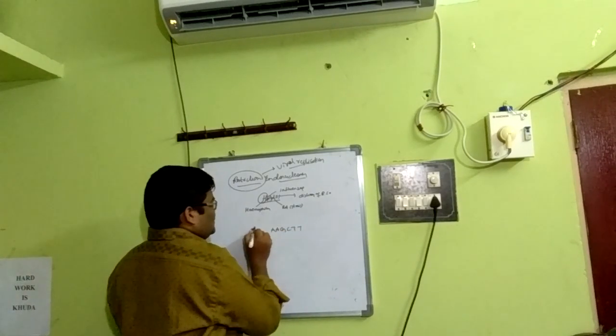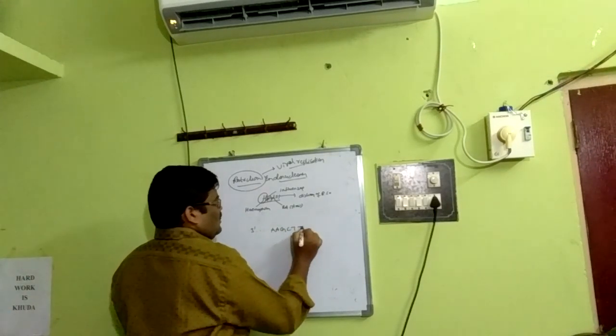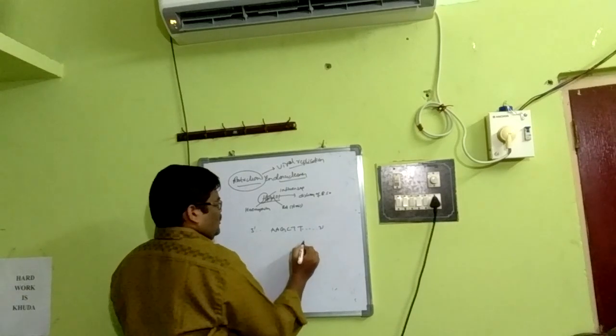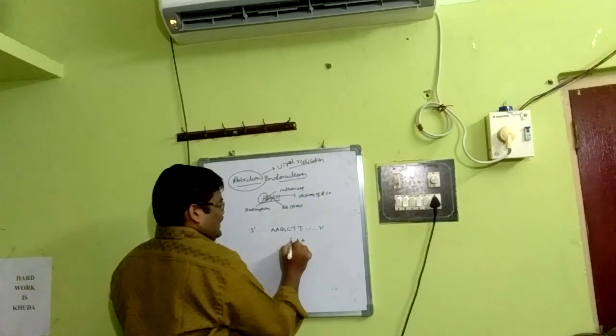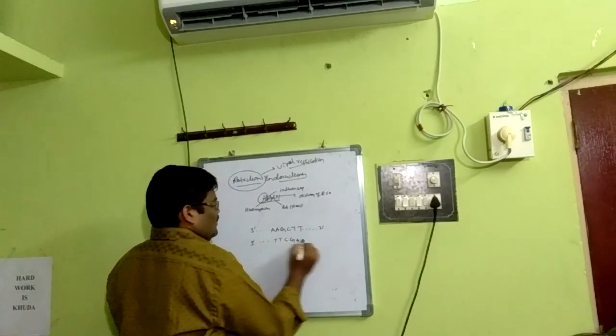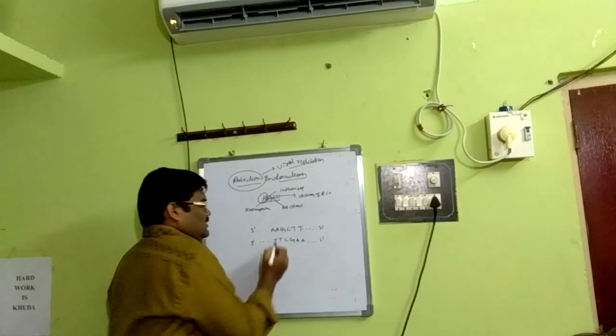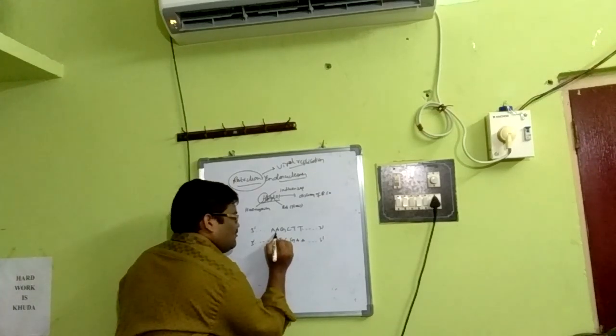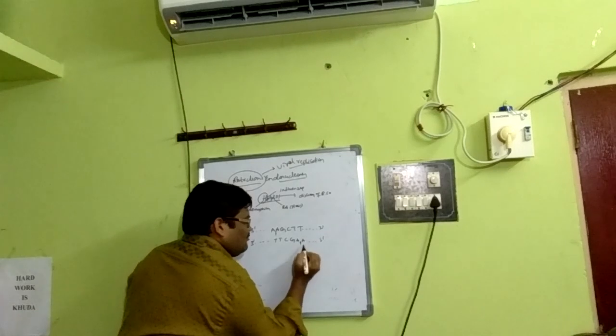This is the recognition sequence of Hind III. Just like EcoRI, one cut will form here and another will form here.